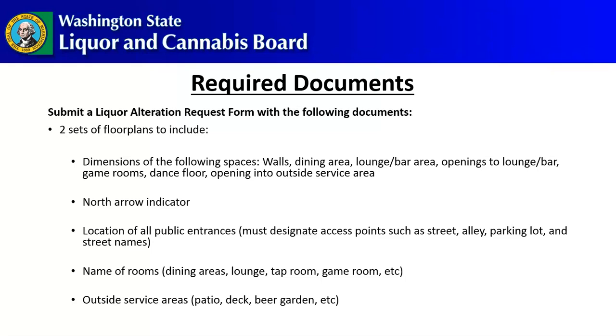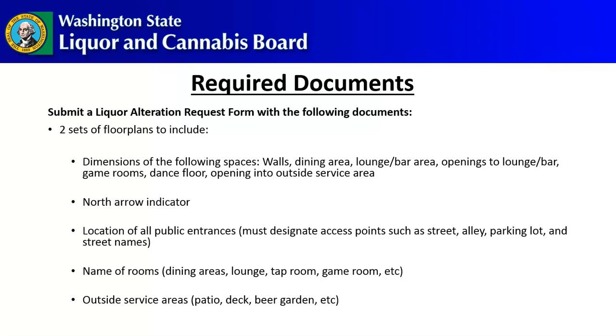Having said that, your floor plans will need to include dimensions of the walls, dining area, lounge or bar area, openings to the lounge or bar, game rooms, dance floors, and openings into the outside service area. We need a north arrow indicator on the floor plans.